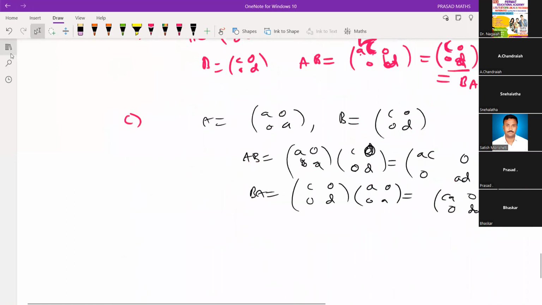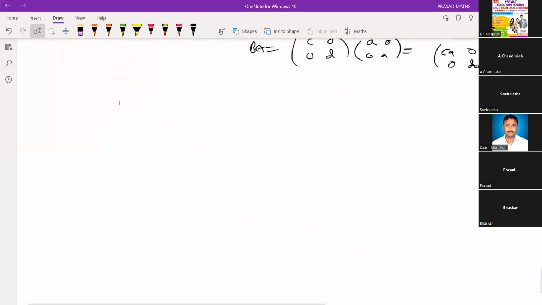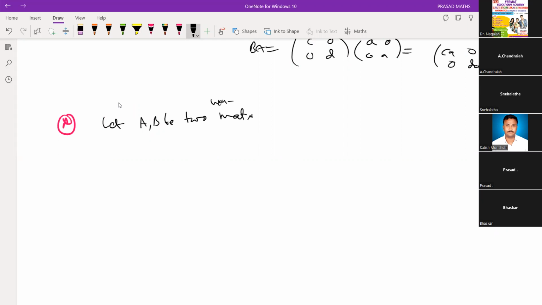Next question, asked in JAM. Suppose A and B are two n cross n matrices. Consider the following statements.